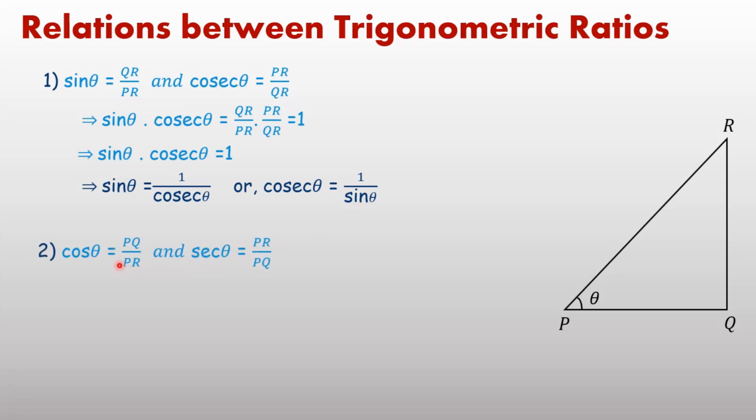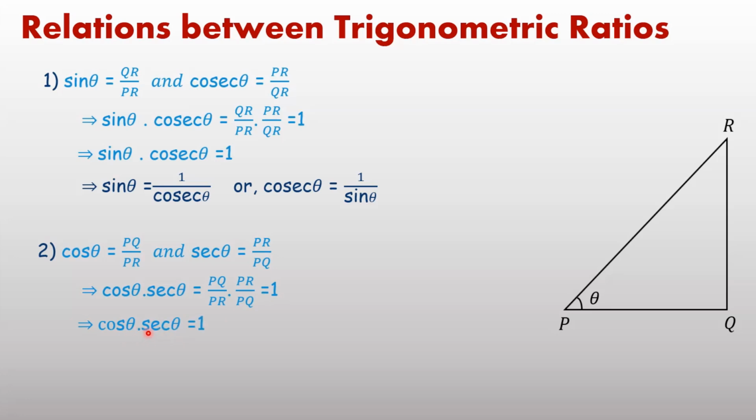Second, cos theta means base upon hypotenuse, PQ upon PR, and sec theta hypotenuse upon base, means PR upon PQ, which implies the product of these two, again PQ cancels out, PR cancels out, equal to 1. It implies cos theta into sec theta equal to 1.